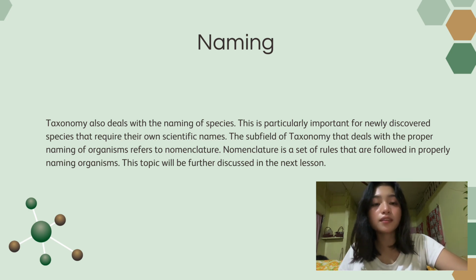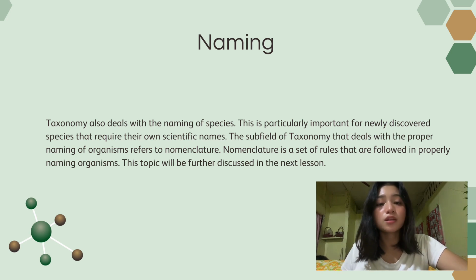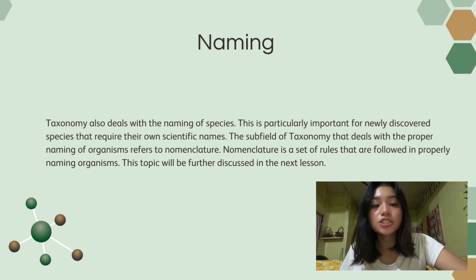So ngano da importante ang nomenclature? It is because to avoid confusion. If different people give different names to the same organisms, it will be difficult to study and communicate about it. Example, ang usa ka fish sa laing-laing lugar, lahi-lahi ang common name pero pinaagi sa scientific name, klaro kung unsa gyud siya nga species.